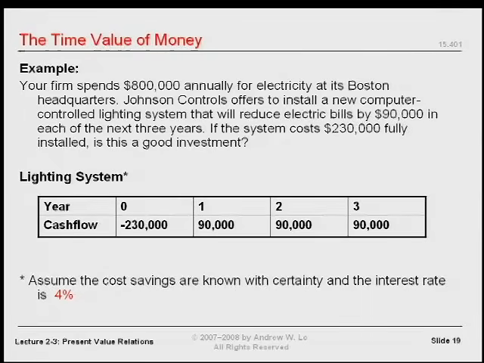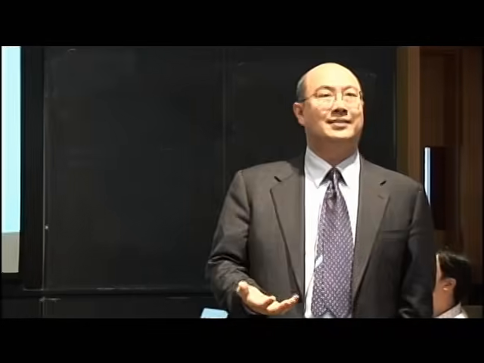And by installing some kind of specialized computer lighting system, it turns out that you could reduce your electricity bills by $90,000 in each of the next 3 years. Now, of course, it costs money to install that system. It costs $230,000 to install that system. So the question is, is this a good deal? Should you do it? That's a management decision.